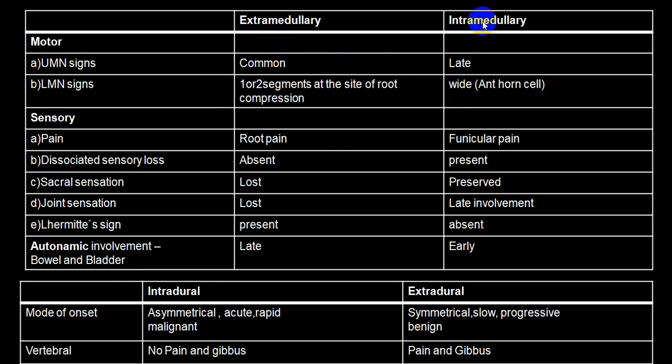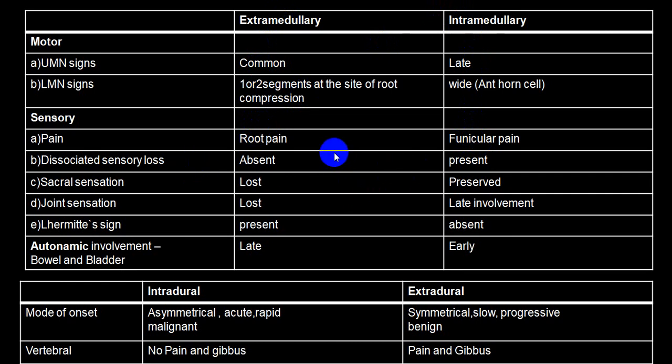As far as the sensory system is concerned, root pain will be more common with extramedullary lesions, while here it will be mainly funicular pain, that is, in the posterior column.